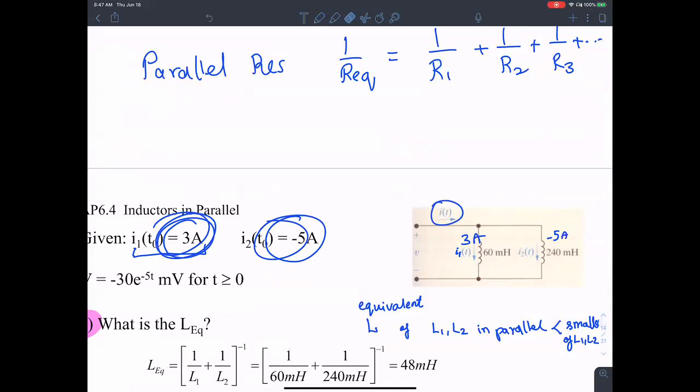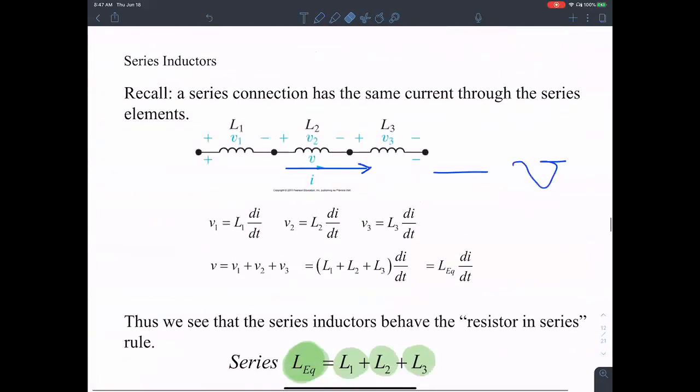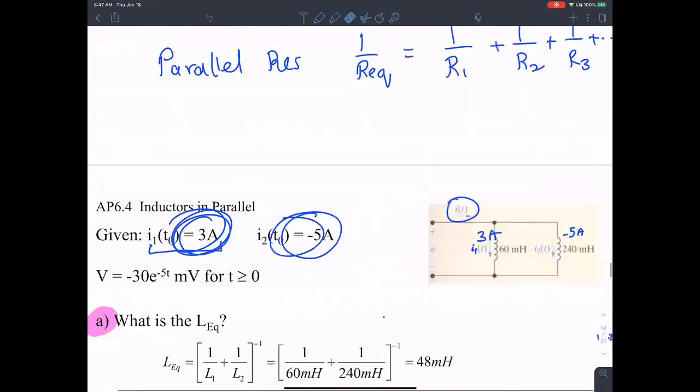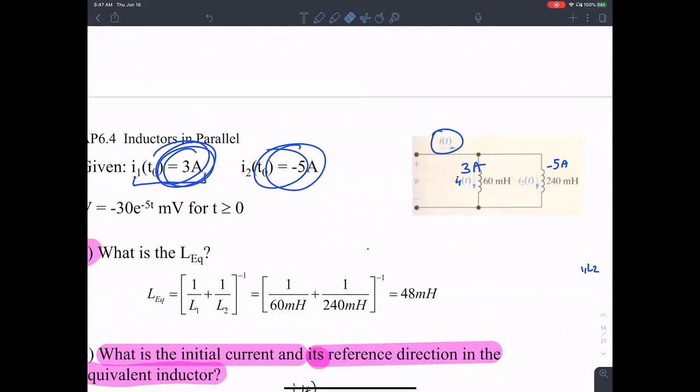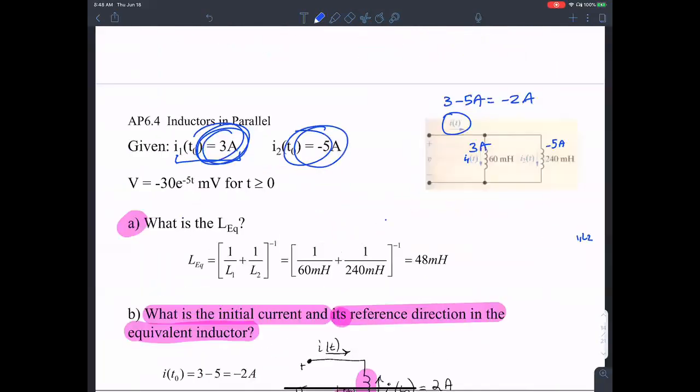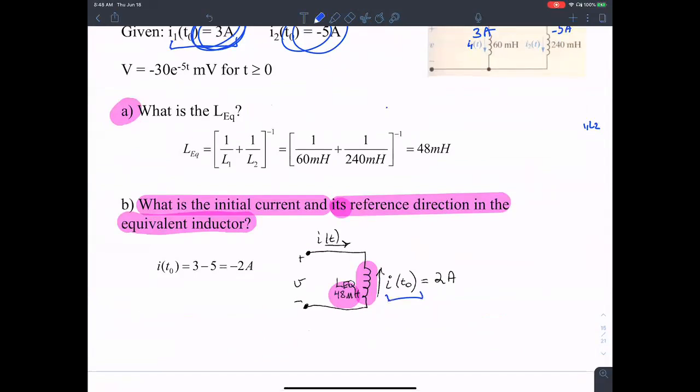The current flowing initially through these inductances should be 3 amperes minus 5 amperes, which is negative 2 amps. So the initial current I of t naught is 2 amperes flowing upwards.